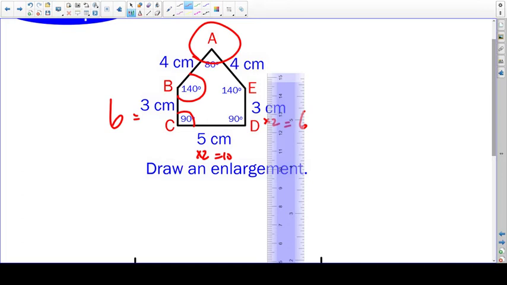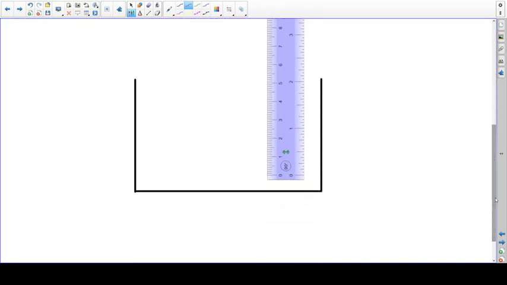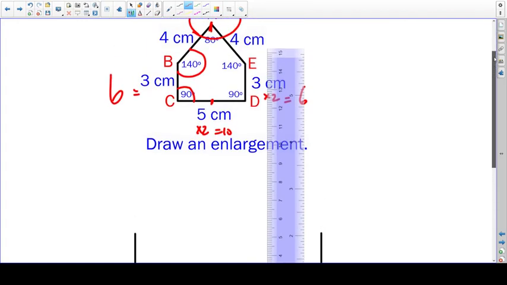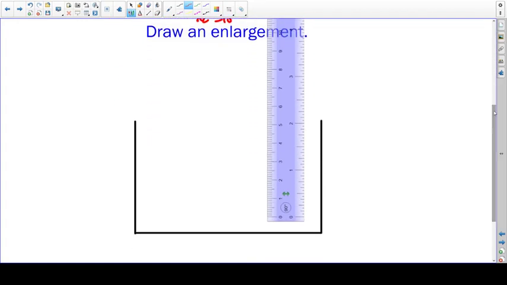Interesting. But this appears to be in the middle. So if it's in the middle, what we could do is we could find the middle of the 2 points here. Well, let's not screw around like that. Let's just use 140 degrees.